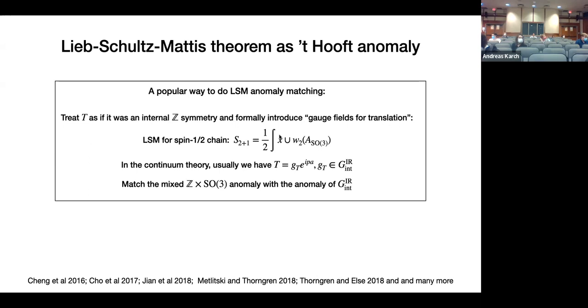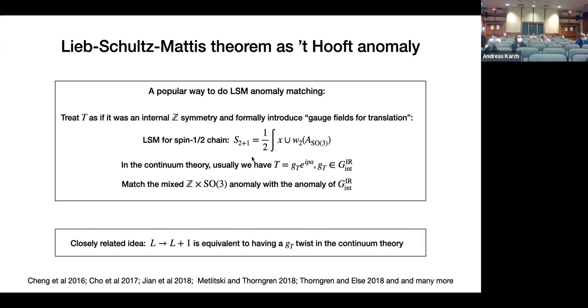So this is what translation usually looks like in the continuum theory. Now we can match anomalies of this Z cross SO3 with the anomaly of the internal IR symmetries, just like how we match anomalies for internal symmetries, pretending that translation is just an internal one. And this has been used a lot and produced expected results in all cases.